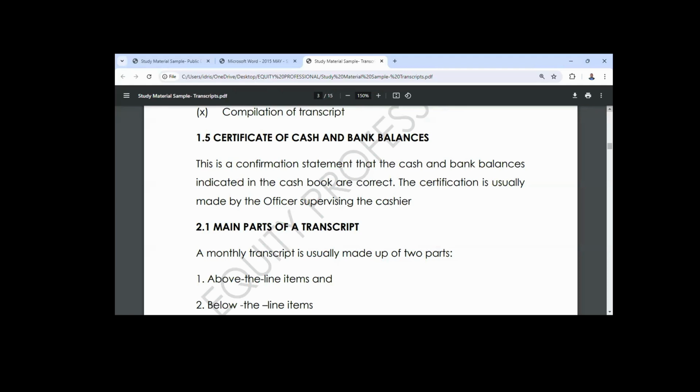That supplementary transcript, you still submit it to the Accountant General. Okay, that is noted. Thank you.